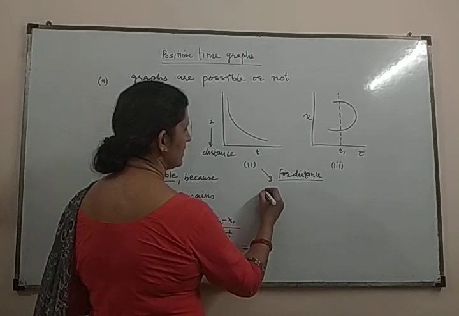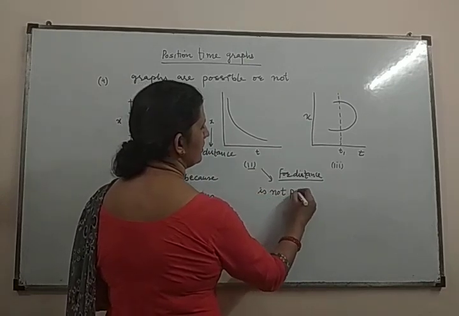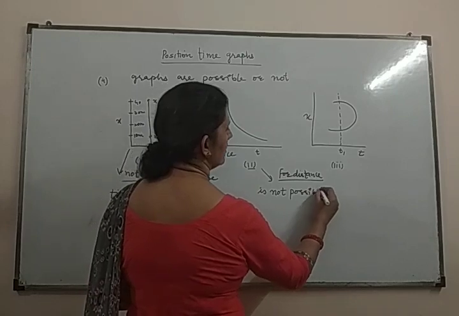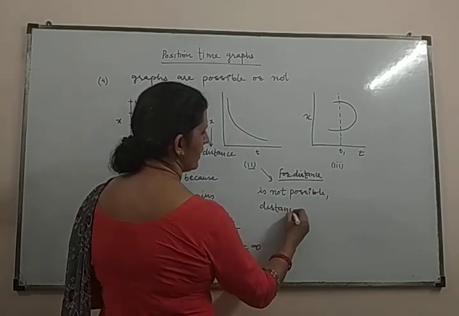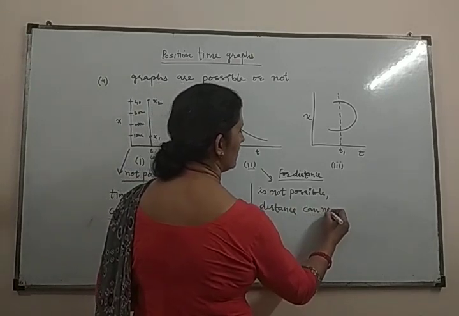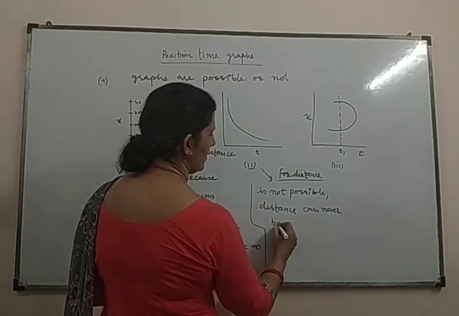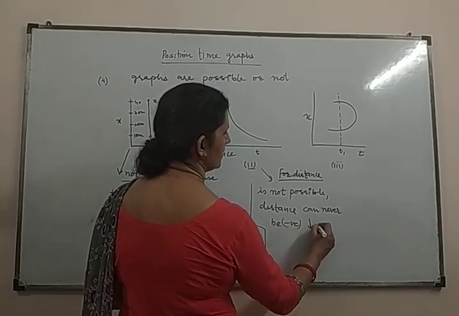For distance, this graph is not possible, because distance is the total path length traveled by the object, and distance can never be negative, or you can say never decreasing.